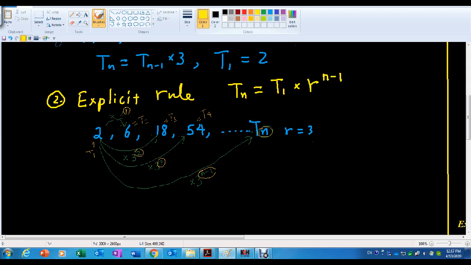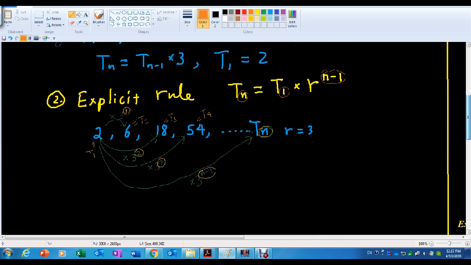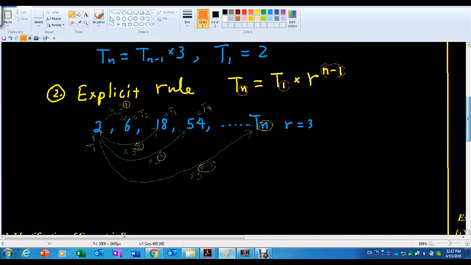Remember, for the nth term, you start from the first term and multiply by the common ratio to the power of n minus 1. Alright? You see that? So that's basically our explicit rule. We are going back to the explicit rule later.